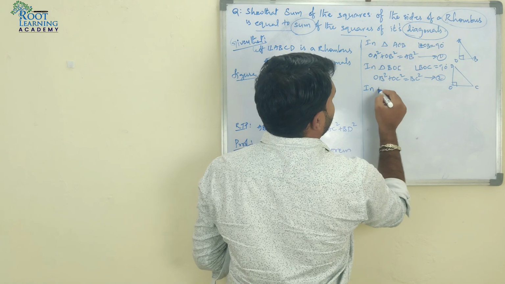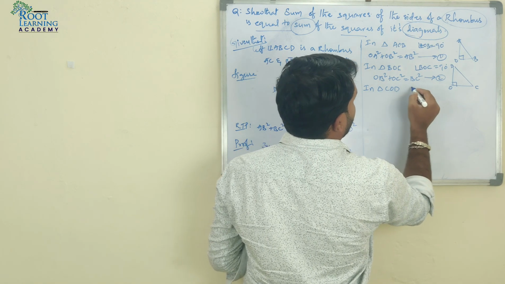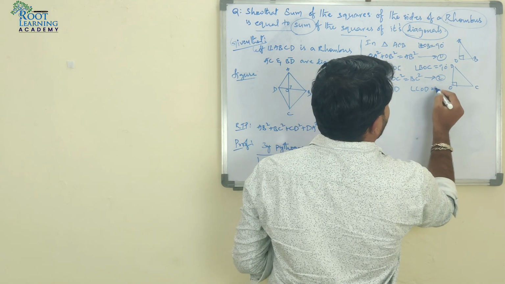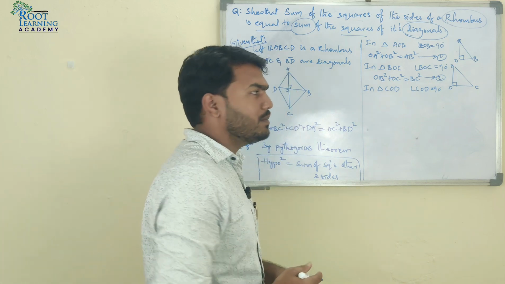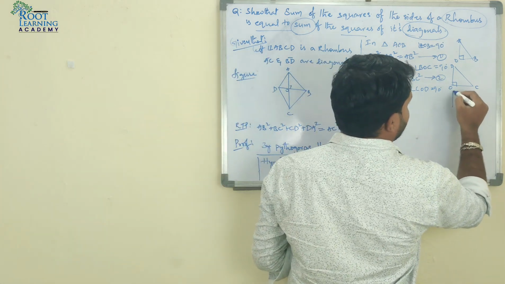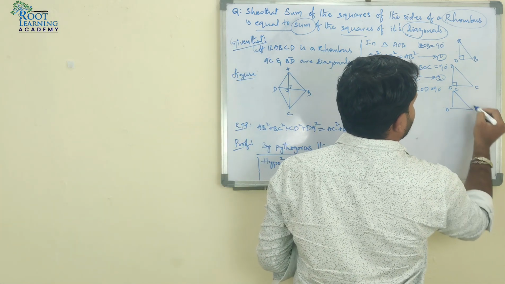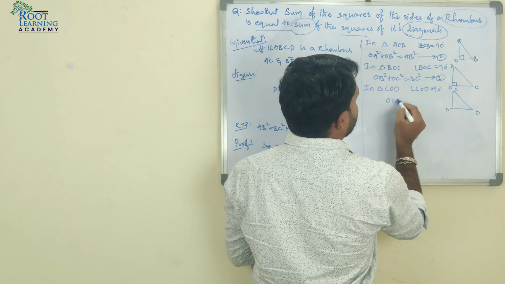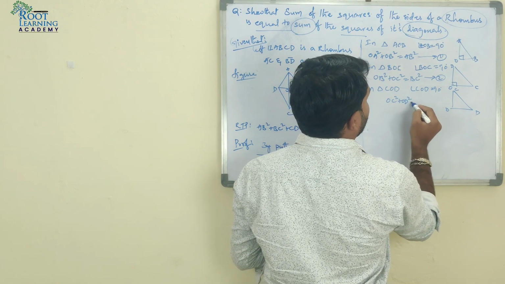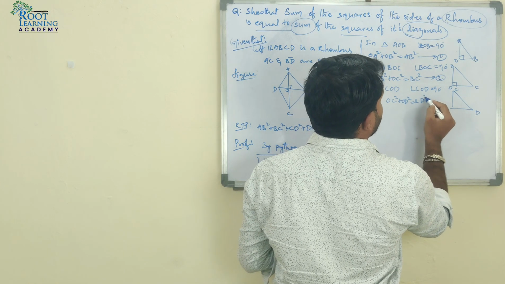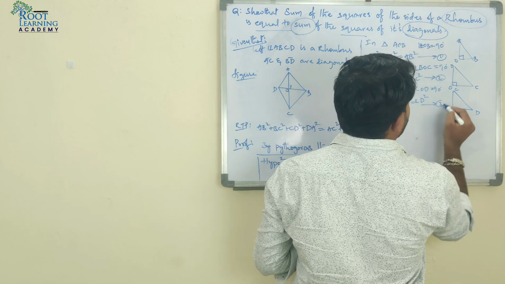In triangle COD, angle COD is equal to 90 degrees. Again, by using Pythagoras theorem here, what we'll get? This is the triangle OCD. So OC square plus OD square is equal to CD square. Equation number 3.